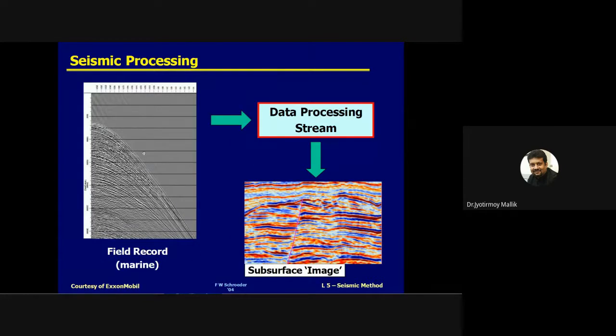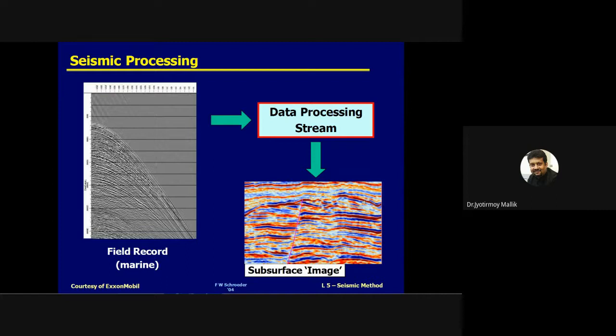So this is the field recorded version of the data, and then it goes through a data processing stream, and finally you come up with a subsurface image. Now here you can see I have beautiful layers, and you can see something has happened here. These beautiful layers are kind of truncated against this reflector.